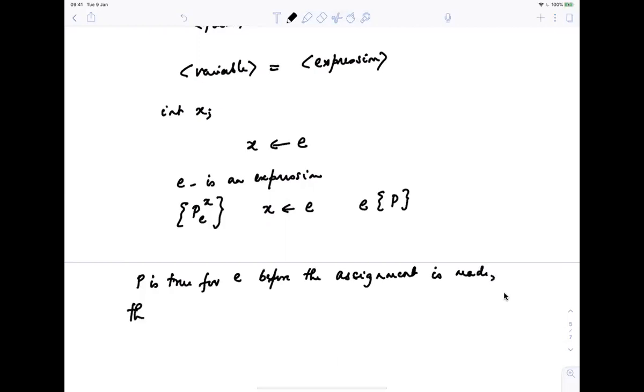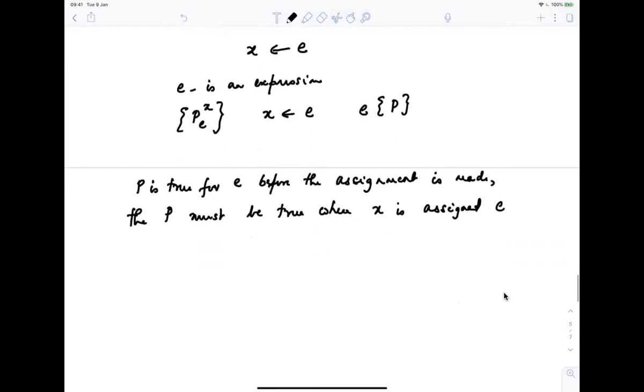Then P must be true when x is assigned e. That is, if P is true for this expression, then the truth of the expression remains the same before and after the assignment. Okay.